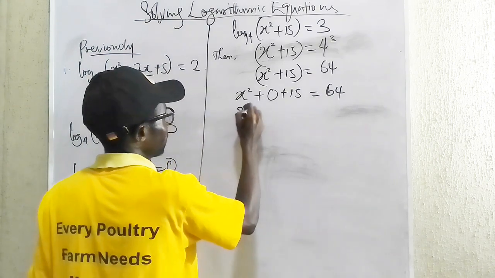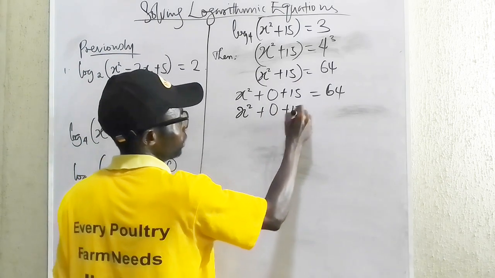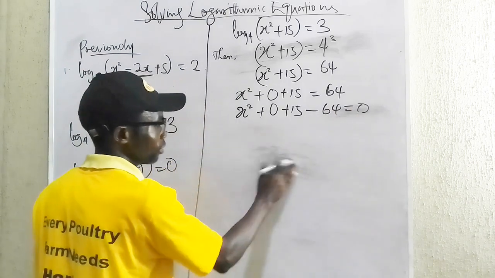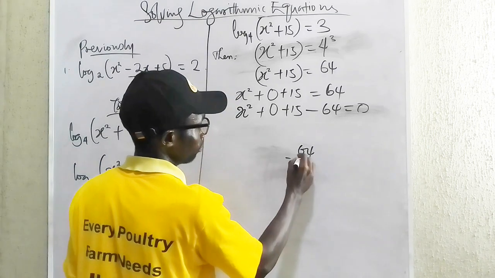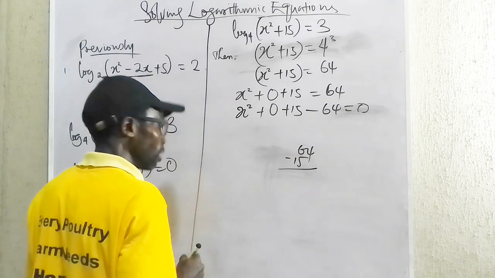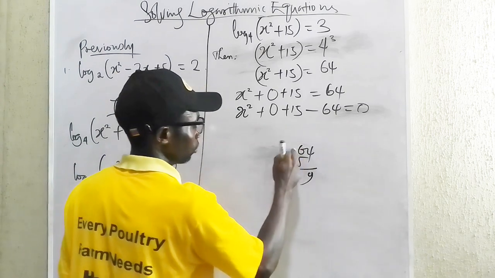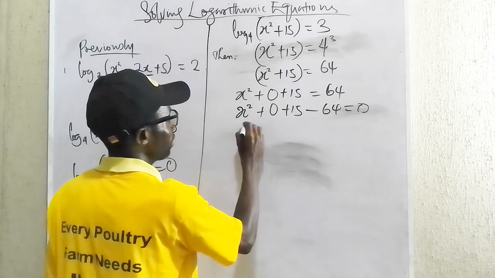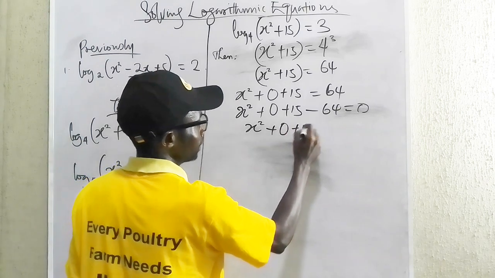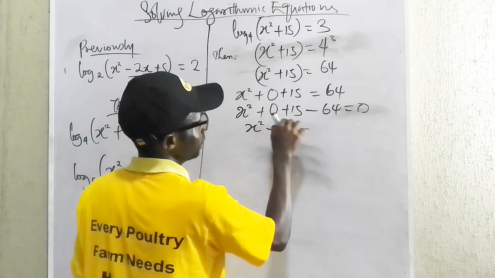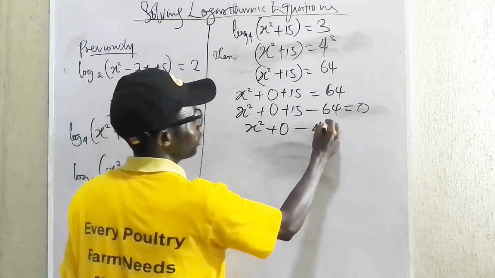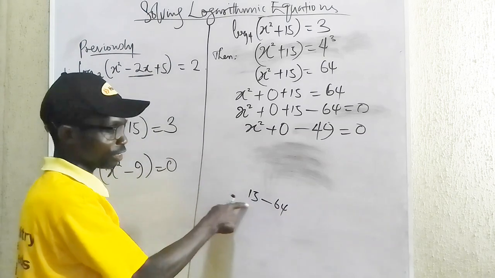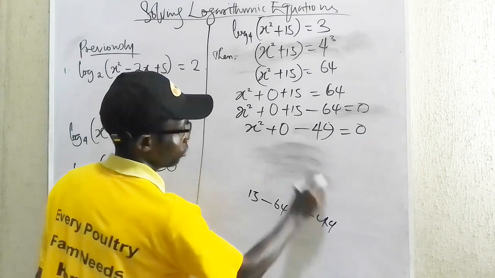So we'll have x raised to the power of 2 plus 0x plus 15 minus 64 is equal to 0. 15 minus 64: 15 is smaller than 64, so you have minus 49. So it's actually x raised to the power of 2 plus 0x minus 49 is equal to 0. So that's what happened here.